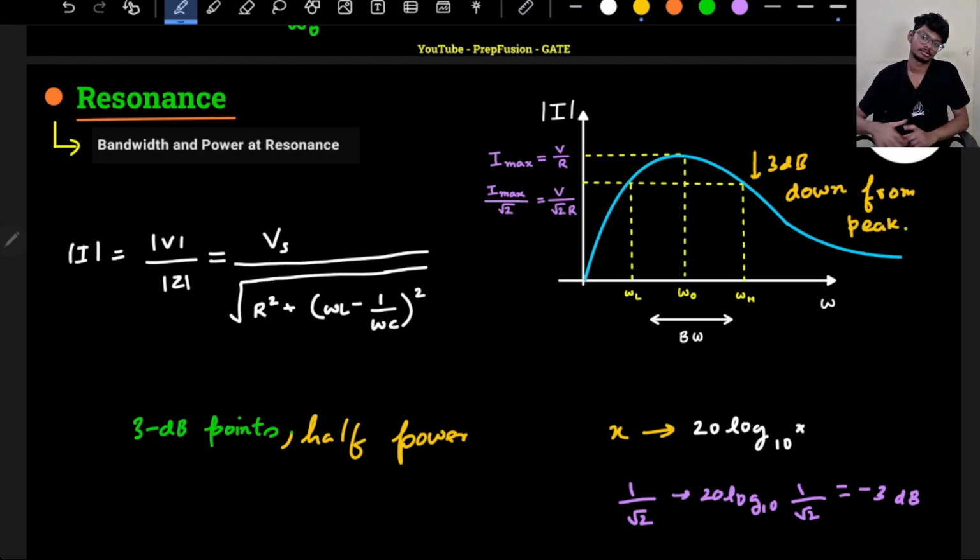Okay, so that is the case here. That is why these half power points are important. We will obviously calculate when does it happen.